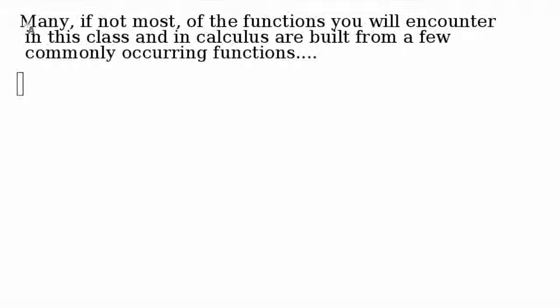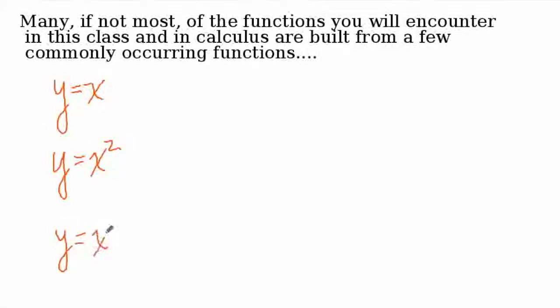What are these ones that are the building blocks that show up all the time? All right. Well, we have a linear function, and that's probably the simplest linear function, and that's all we need to memorize for right now. We've got a quadratic. There's a simple quadratic. We have a cubic. Okay, what else?